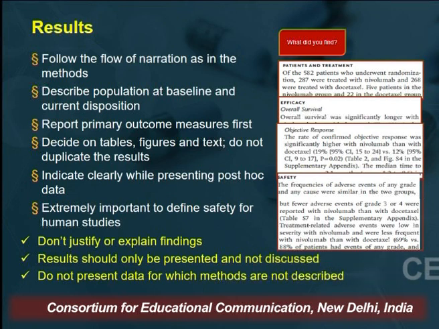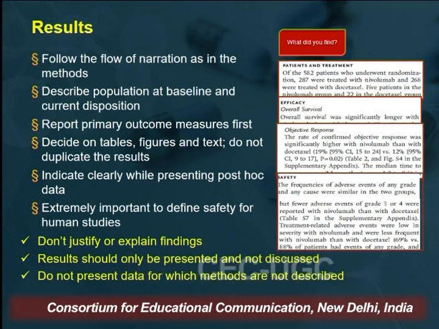So outcomes should be well listed in your methods section, and then all those outcomes listed in the methods section should be described in your results section. If you have written 10 outcomes that you have assessed in your methods section, then the results section should also have exactly those 10 outcomes described.